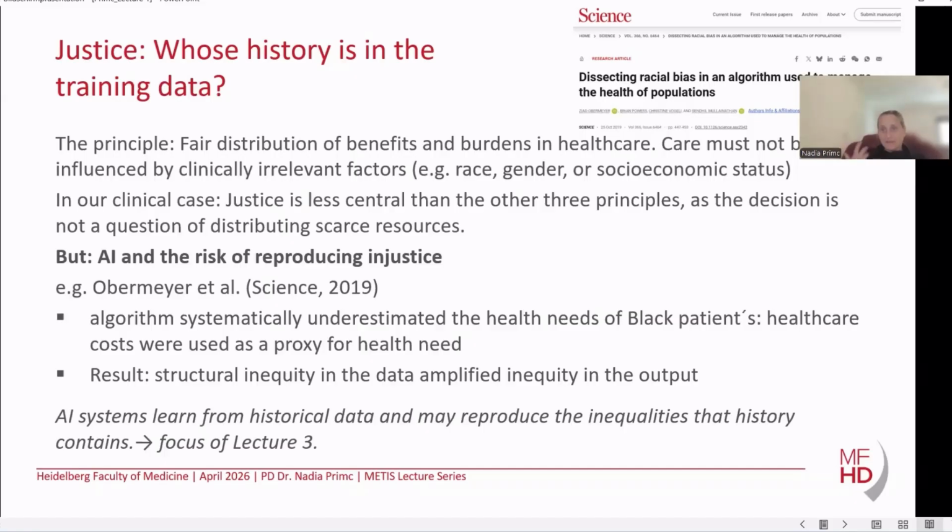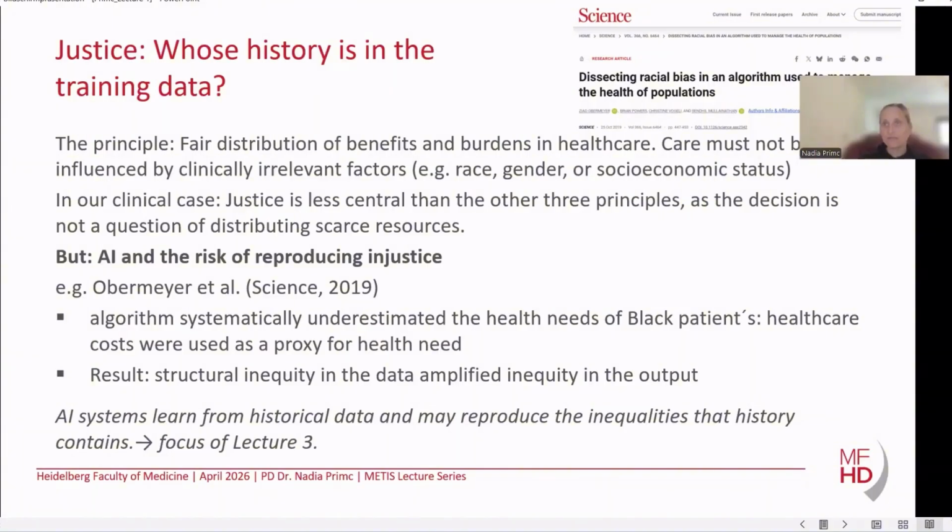And the clearest and most famous demonstration of this is a study by Obermeyer and colleagues. You find it on the right bottom of my slide, published in Science in 2019. And they found that a commercial algorithm in the US that was used to identify patients who needed additional care and to allocate them care systematically underestimated the healthcare needs of Black patients.